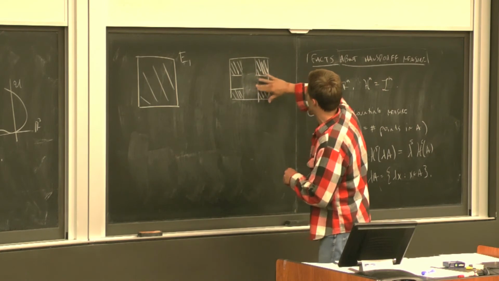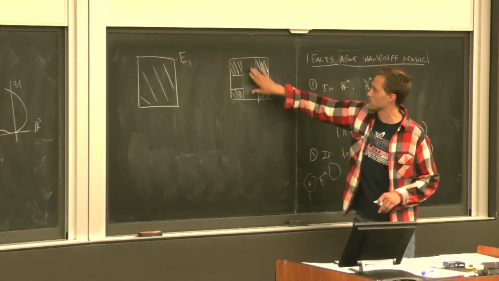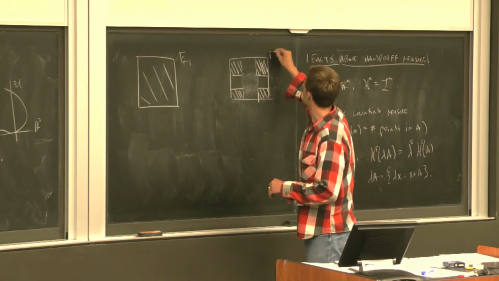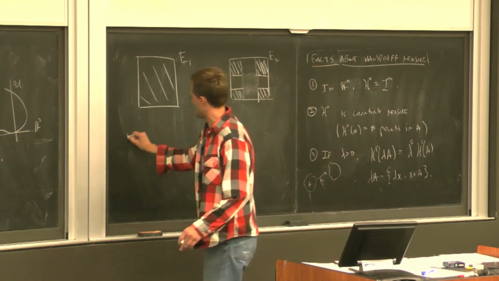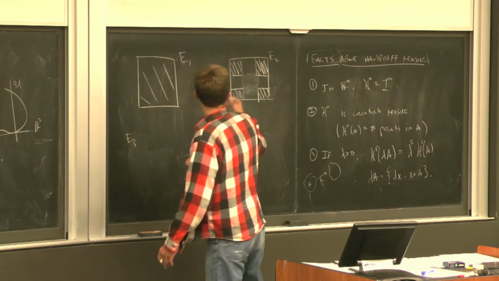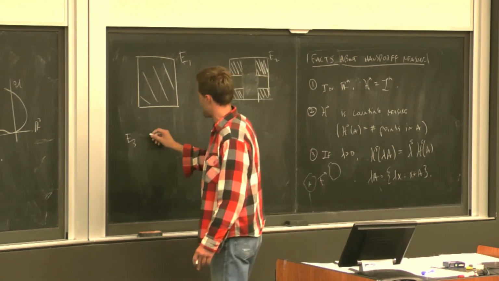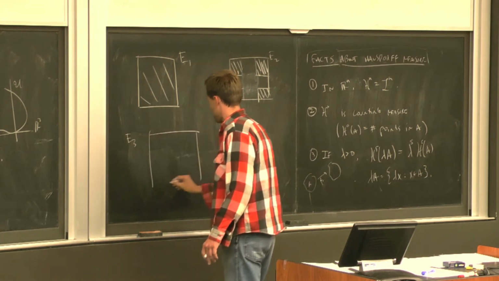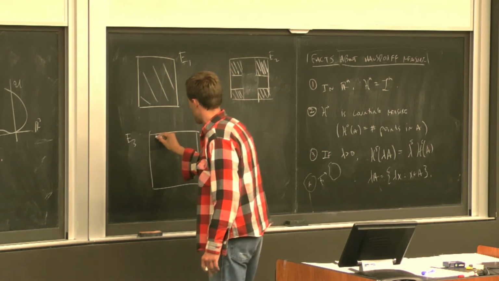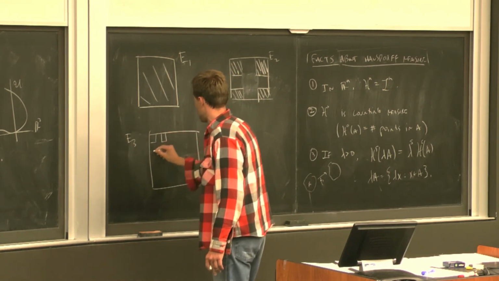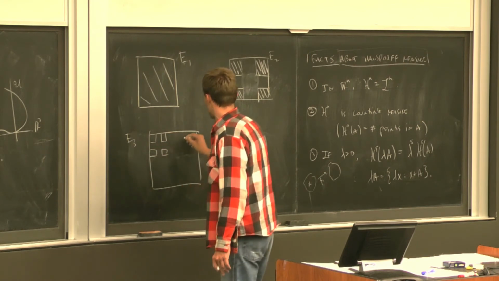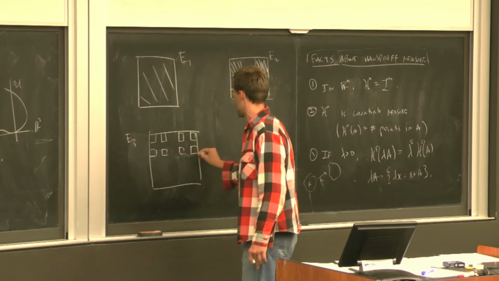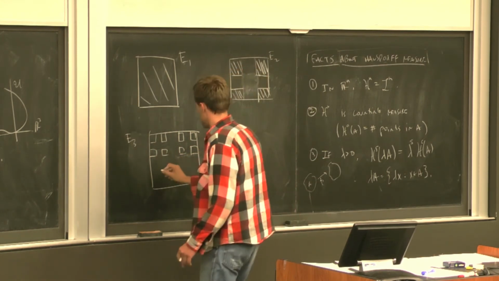So I'm taking out this cross piece. This is E2. E3. Then we do the exact same thing to each one of these, and then this one.